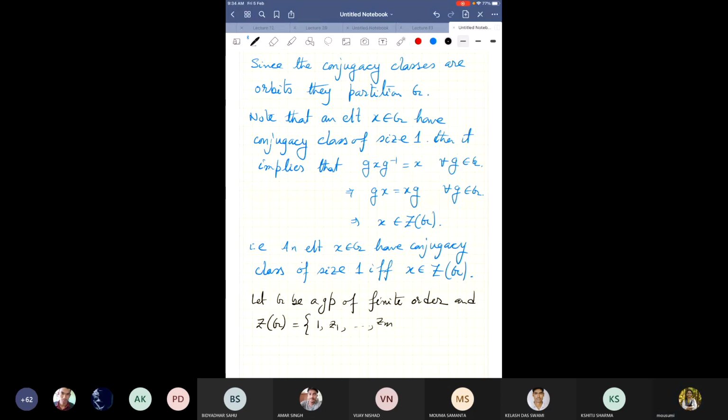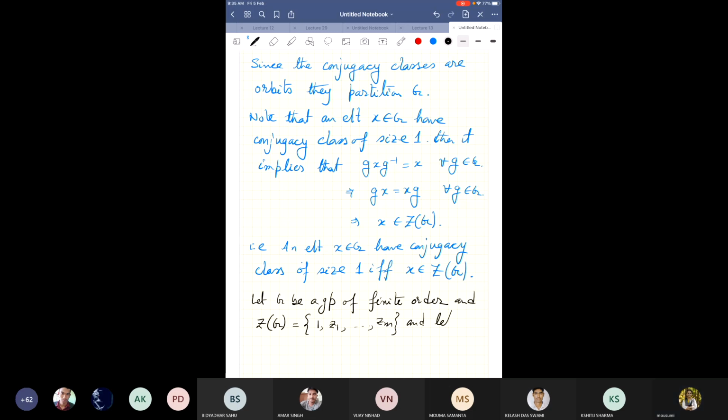Those elements which are commuting with all the elements of the group. That was the center. So now I am having a finite group G, and its center, say it has these many elements. Of course, identity will be in the center. Suppose Z1, Z2, ..., Zm are the elements which are in the center.